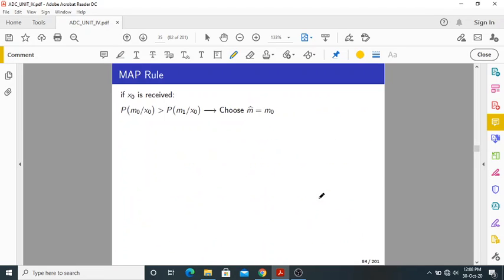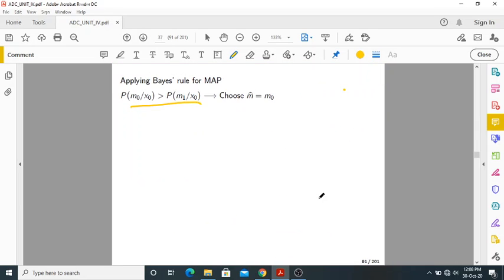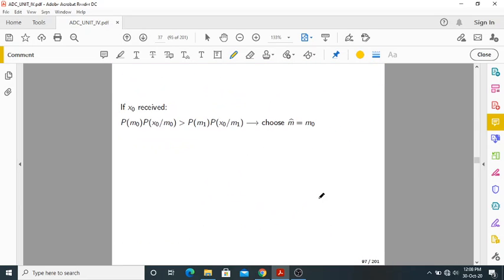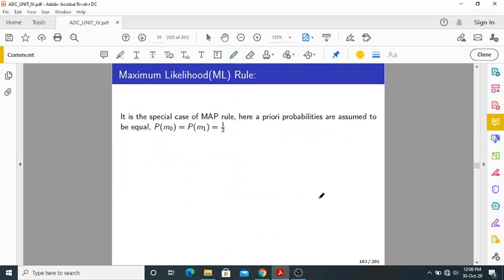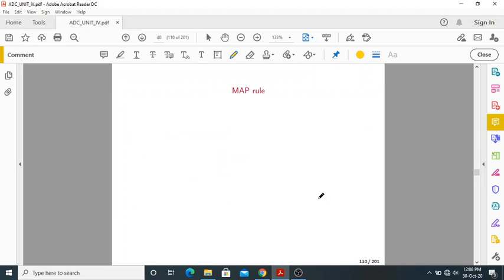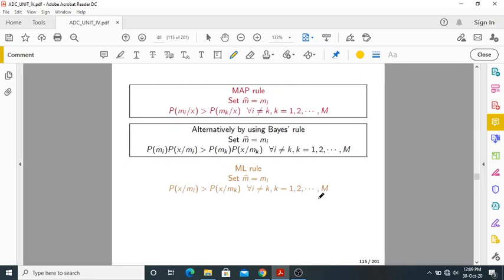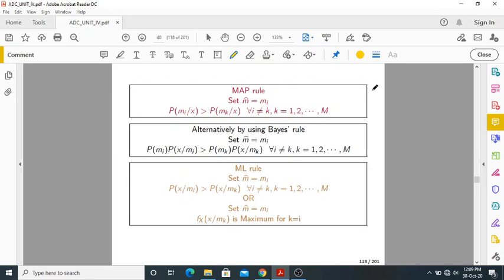Anyway, now I want to write the generalized version of MAP rule, ML rule, something like that. Now, these are the MAP rule, ML rule. What does the MAP rule say? Set m cap equal to mi. Okay, what is happening here?